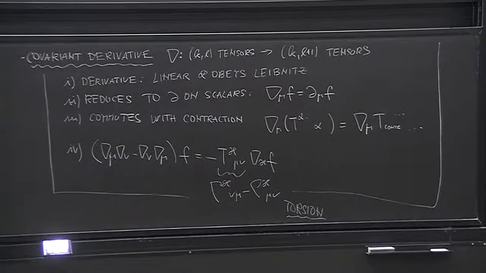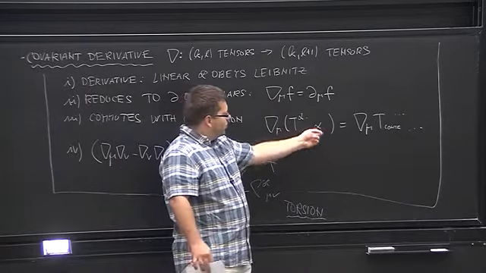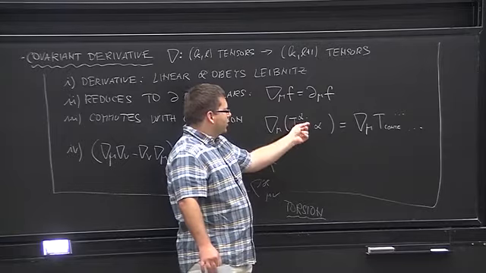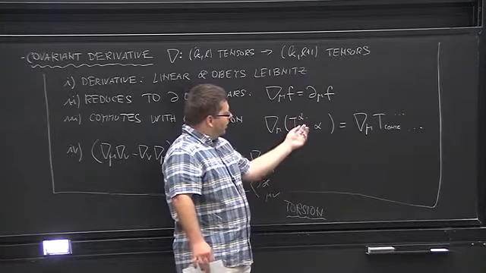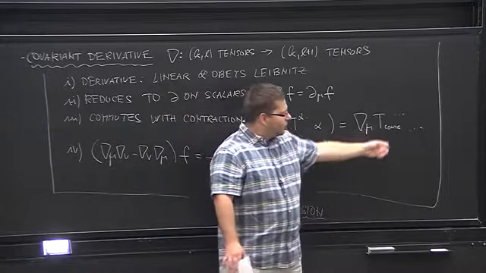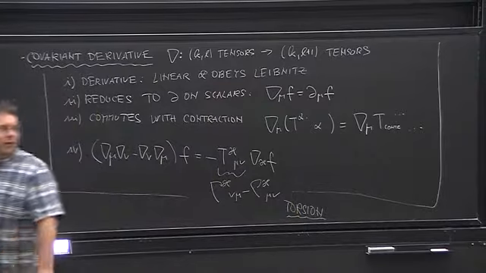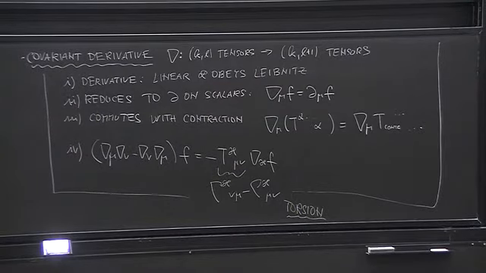It commutes with the contraction. So what I mean by that is you can equally differentiate this object before doing the contraction. So I have index alpha, and I can differentiate this index and differentiate that index, but it doesn't matter. The result is the same as if I first contract it and then take the covariant derivative.